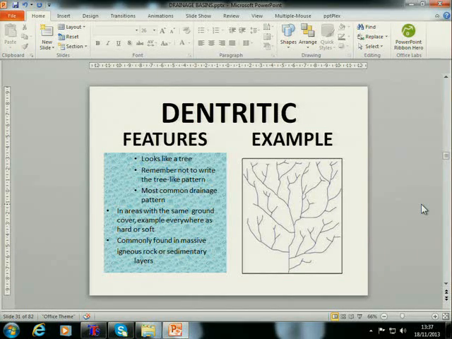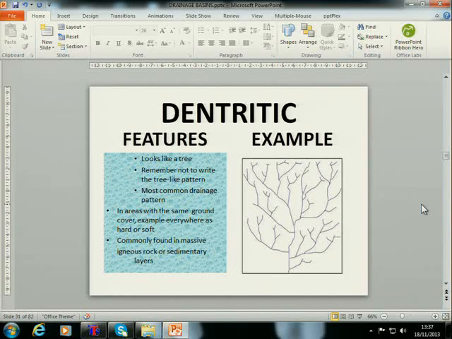Okay, here is the one that everybody knows by heart. This is the dendritic pattern. On the left-hand side, you will see the features of the dendritic pattern. The very first thing is, it looks like a tree. But now, this everybody knows.